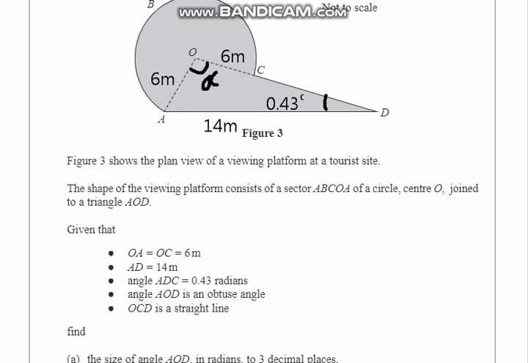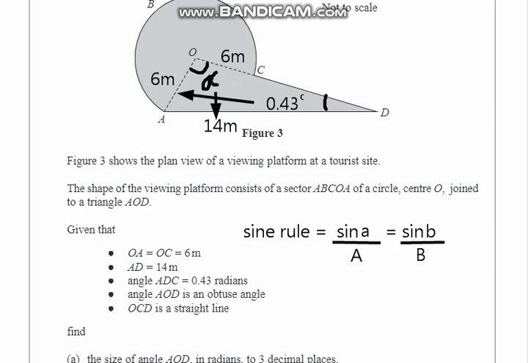So I know that 0.43 radians coincides with the opposite side here, that's 6, and alpha coincides with the opposite value, that's 14 meters. The sine rule is sine A, or sine alpha, upon a, that's the side, equals sine B upon b. So I'll plug in the values: sine A upon 14 equals sine 0.43 radians upon 6.